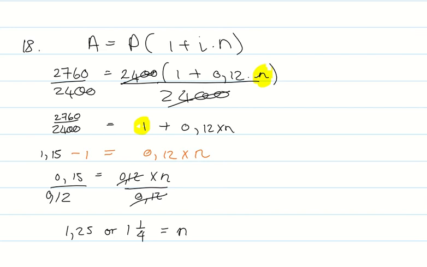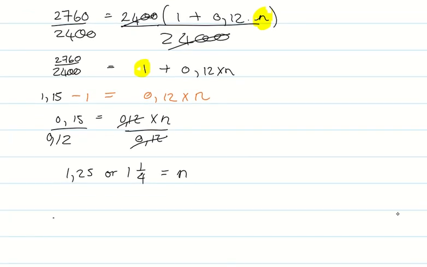So what does this basically mean? It will take me 1 year, but not 2 years; it will take 1 year and 3 months. They ask me, determine how many months.